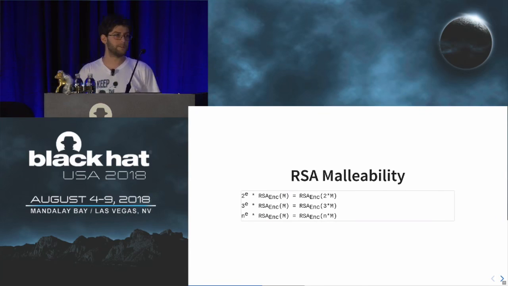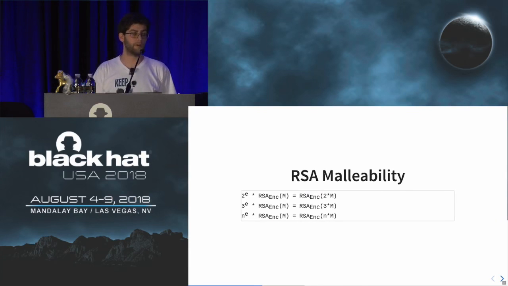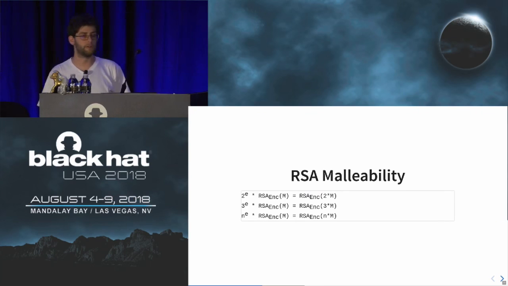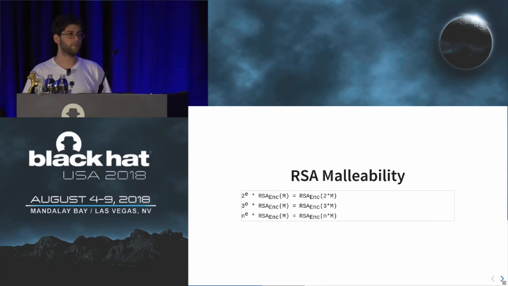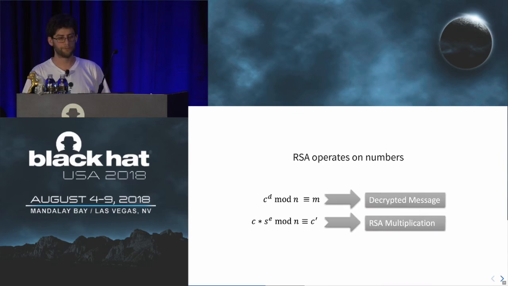Now, this combines with a property of RSA encryption known as malleability, in which the multiplication of plaintexts has a correlation with the multiplication of the ciphertexts. So by multiplying a chosen ciphertext with the known ciphertext, you can derive that these plaintexts have a relationship.